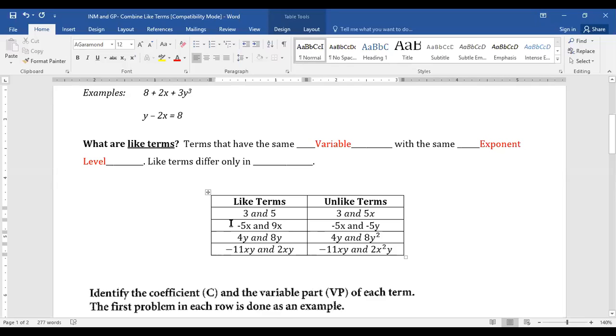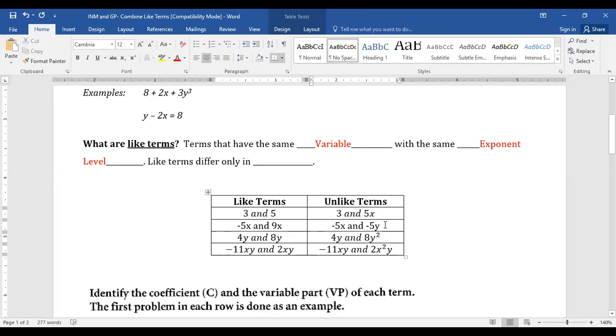The coefficient is the number in front of the variable. And that's true no matter what kind of term you're talking about. So negative 5 and a positive 9 would leave us with 4x. It's like saying we got 5 negative x's and 9 positive x's. Well, 5 of those are going to cancel out and you're left with 4 positive.